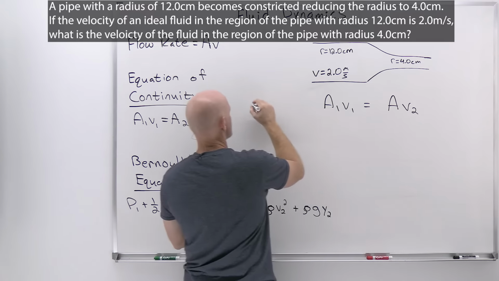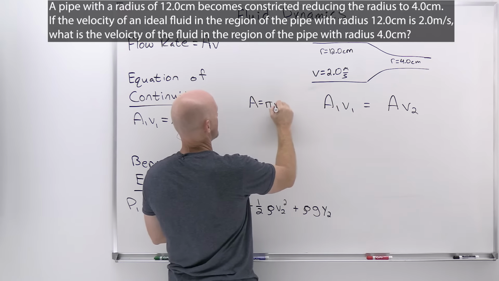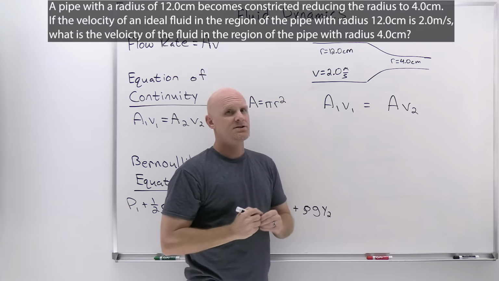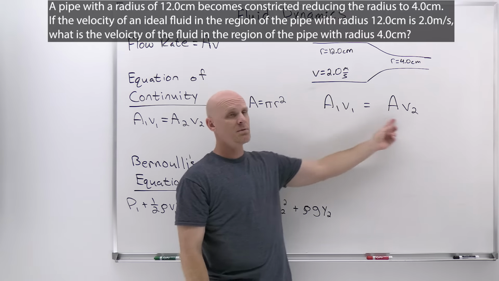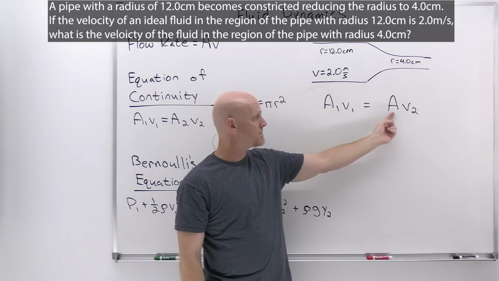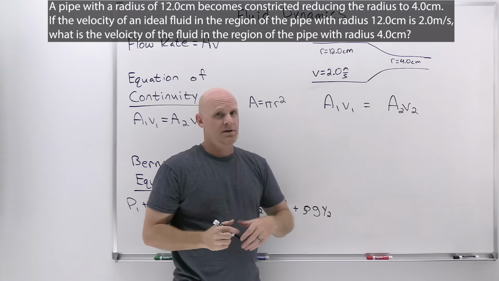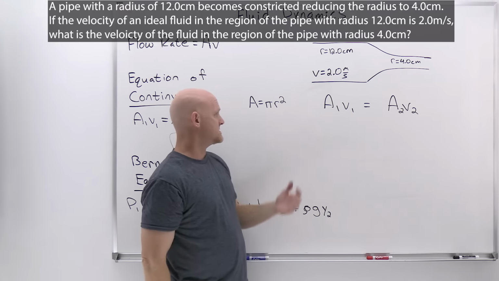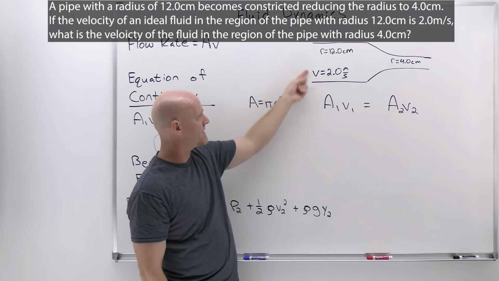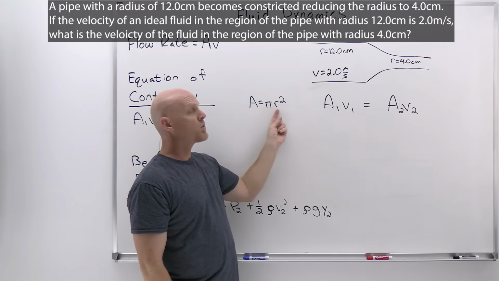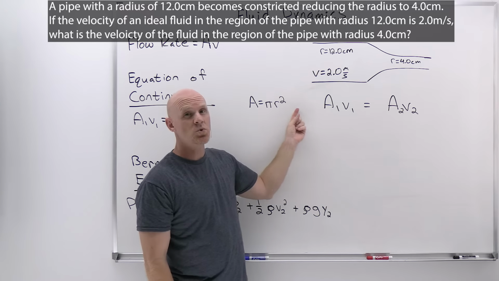So in this case, what's the area of a circle? It's equal to pi r squared. And so you could look at this a couple different ways. We can plug some numbers in. We can plug in pi r1 squared here and pi r2 squared. Or you can realize just some relationships here. The cross-sectional area here is that of a circle, and the area is proportional not to r, but to r squared.